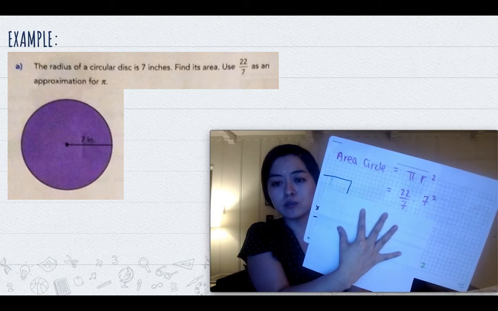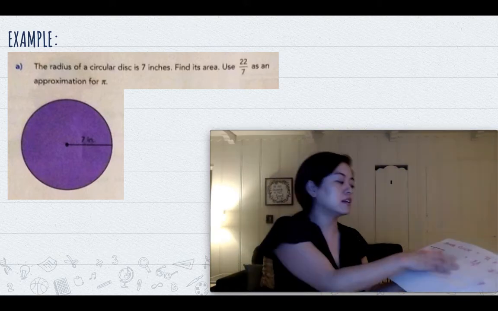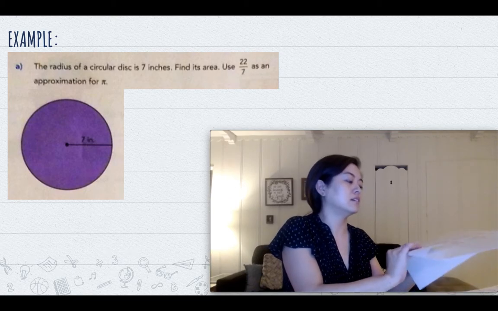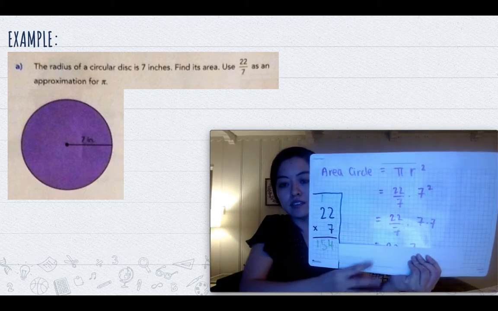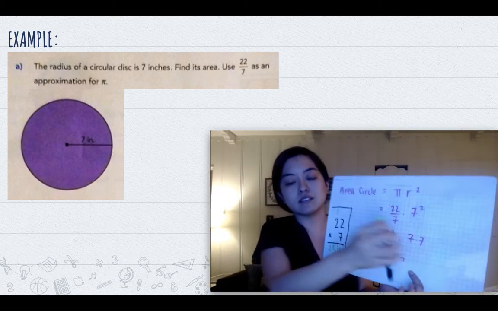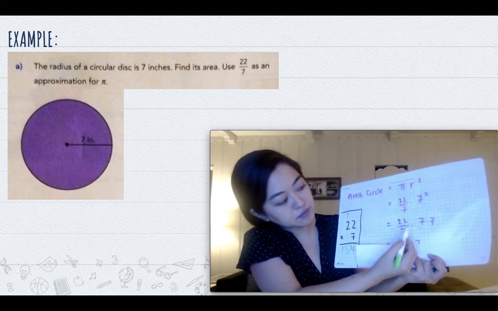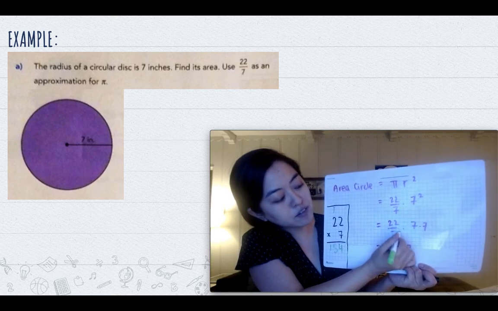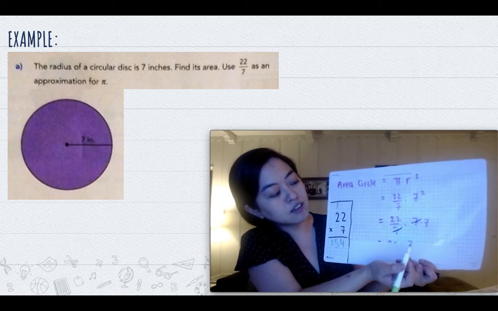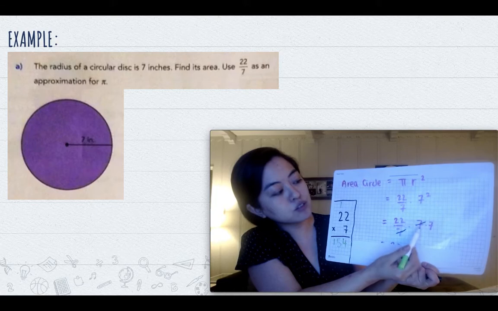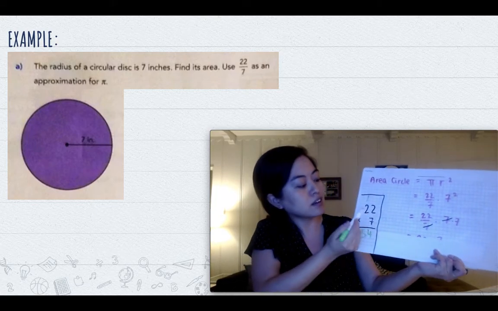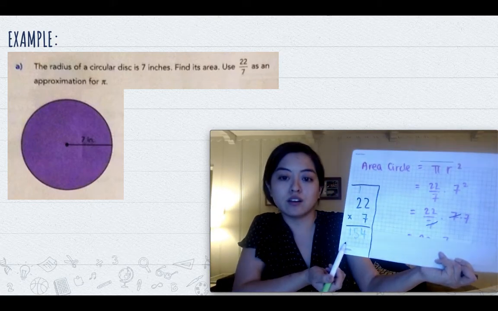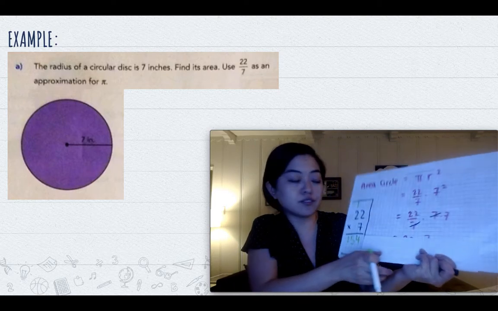But before I square it, I notice that 7 squared is the same thing as saying 7 times 7, right? And I like that because I have 22/7, so I can cross out one of these 7s. So now all I have is 22 times 7, and I did it over here, which is equal to 154.